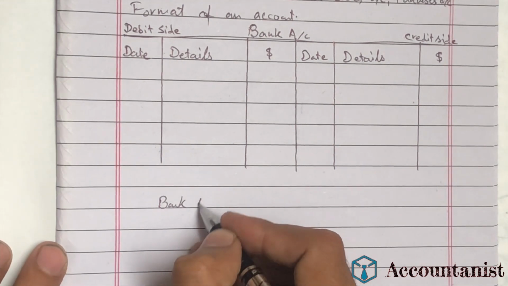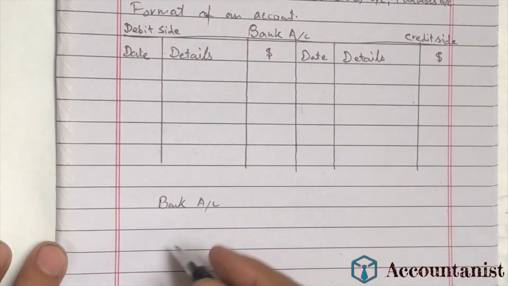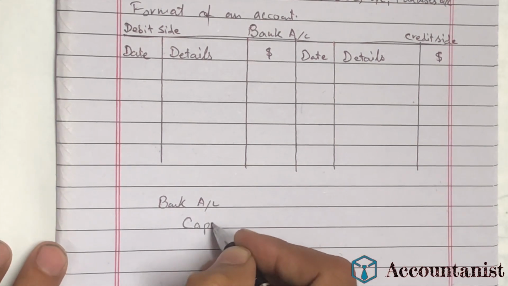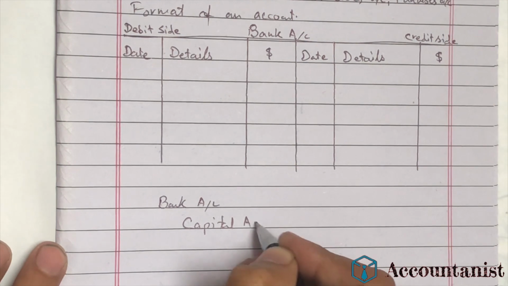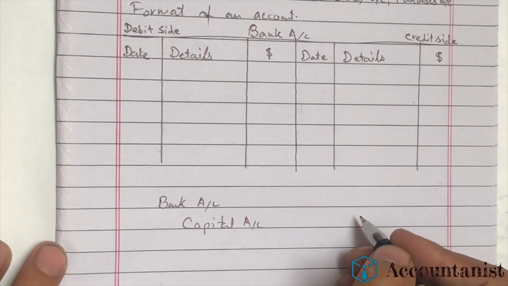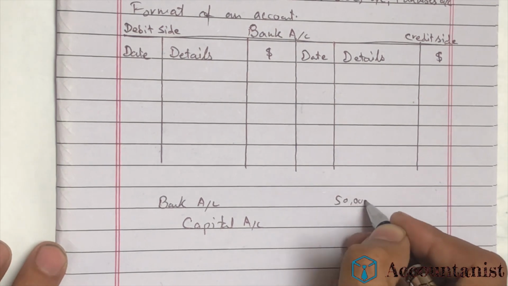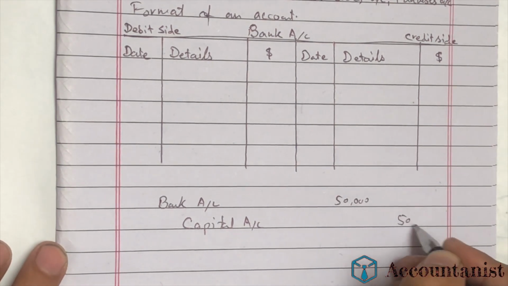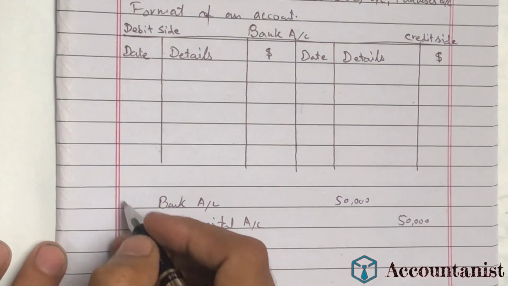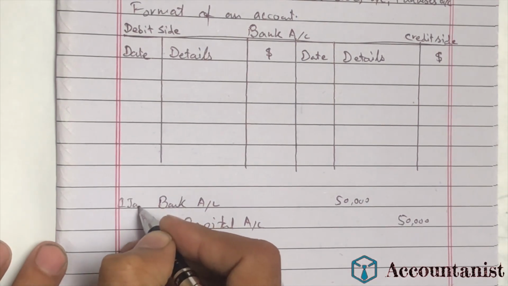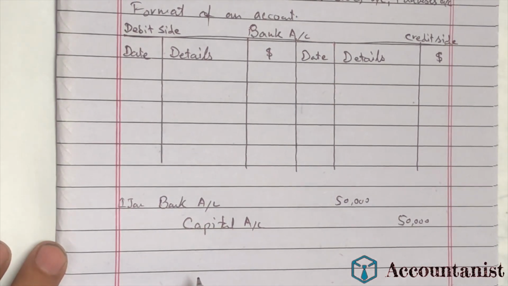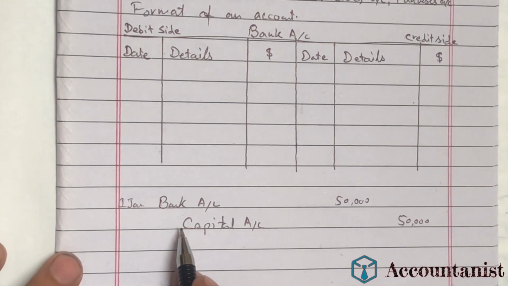So we debit the bank account and we credit the capital account. Let's suppose the amount that we deposited is $50,000 and the date was 1st of January, for example.